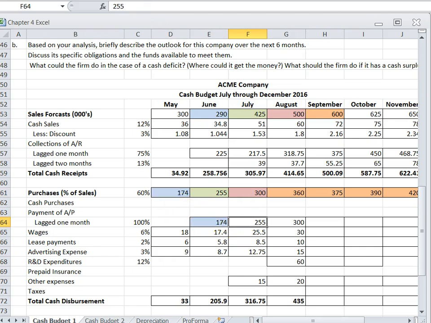So if you see these, I'm color coding it so that you can see that what I'm doing here is I'm just saying plus the following month. So I'm just putting a formula in here.